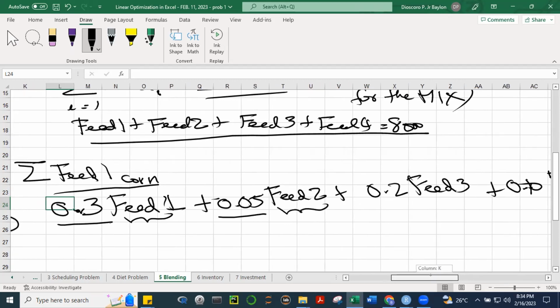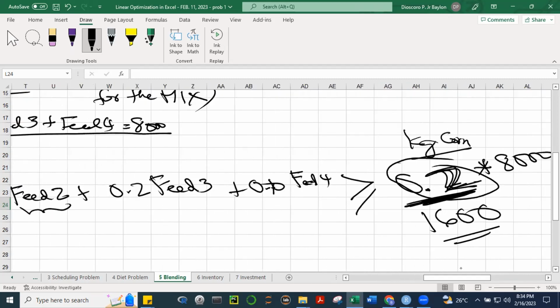Why are we converting it into not percentage, not the proportion of corn, but rather we converted this into the weight of the corn, which is 1,600, and not the proportion of the corn, which is 20%. Why are we doing that?